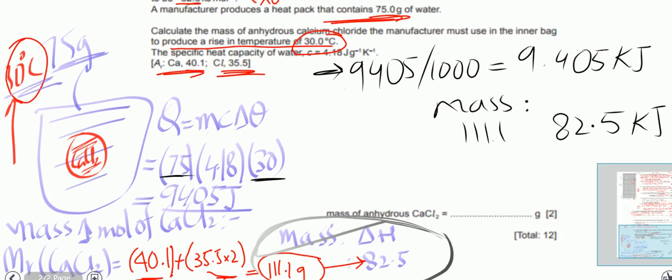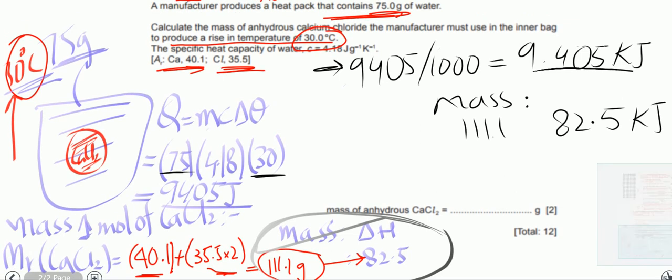Instead we get this value of 9.405 kilojoules. So for 1 mole, or a mass of 111.1 grams, we have 82.5.